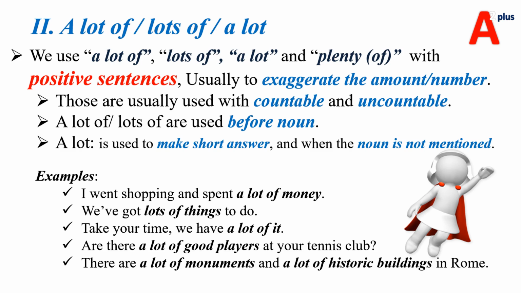Much is used with uncountable, many is used with countable, but a lot is used with both. A lot of and lots of are used before a noun, so a noun must come after them.